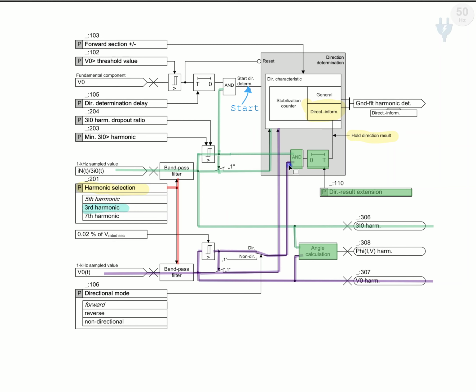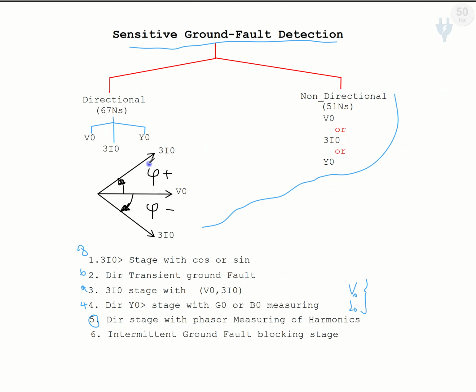It's a little deeper knowledge beyond the operation of the relays, how they operate inside, and it's required for the control and protection engineer to know the inside operation of each function, so that the engineer can decide which of these methods should be used for sensitive ground fault detection, and also for troubleshooting.